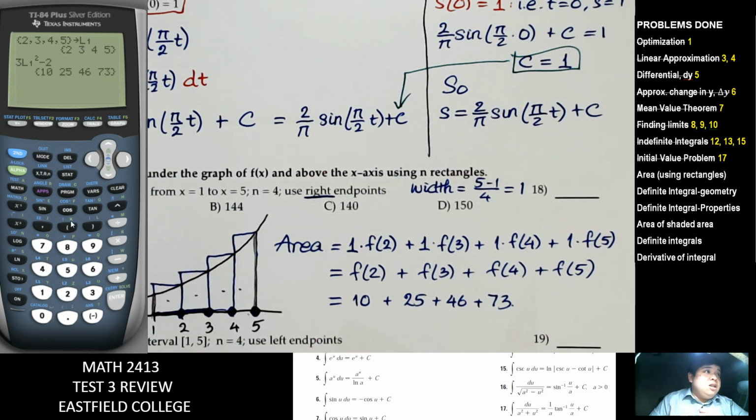And now to add this, instead of start, we hit second start. Go to math, option number 5. We get summation, and then second answer is 154.